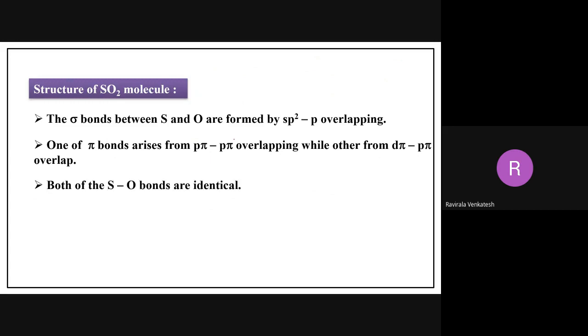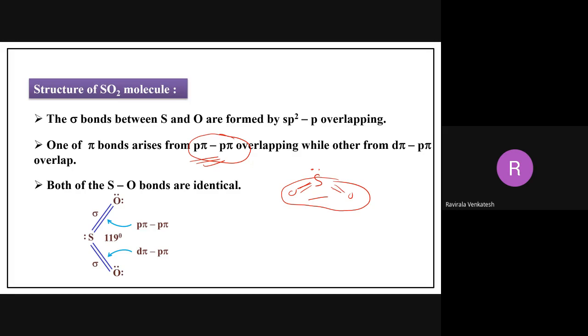So pi bond generally which type of overlapping is present beta? Pi bond में p overlapping रहता है generally, है ना. एंड अगर आप स्ट्रक्चर देखो तो बेटा दोनों पे पाई बॉन्ड है, दोनों पे सिग्मा बॉन्ड है. बोथ आर आइडेंटिकल. दोनों का बॉन्ड लेंथ सेम रहेगा. इसमें कोई डिफरेंस नहीं रहेगा बिकॉज बोथ आर आइडेंटिकल. दिस इज द रीजन एक्चुअली. ये स्ट्रक्चर है बेटा सल्फर डाइऑक्साइड.